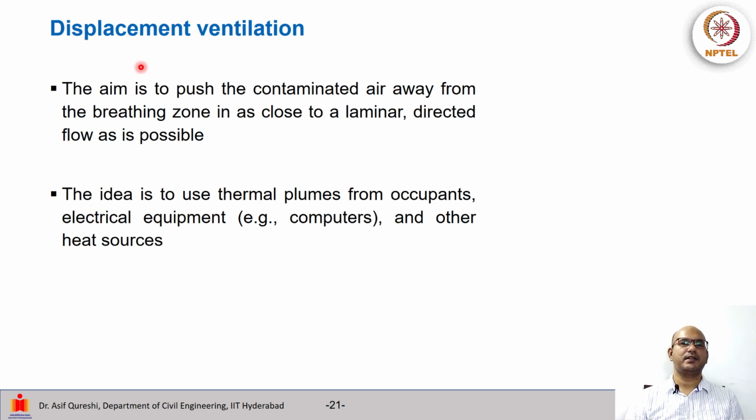The displacement ventilation basically tries to push the contaminated air away from the breathing zone in as close to a laminar directed flow as possible. One can also use and help in this kind of ventilation the plumes from occupants, electric equipment and other heat sources.